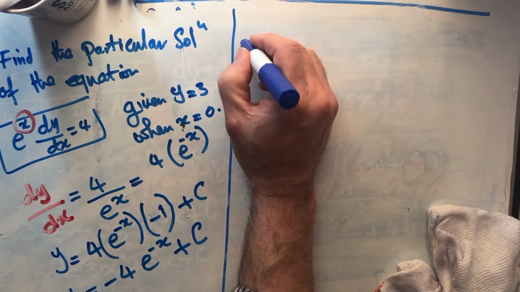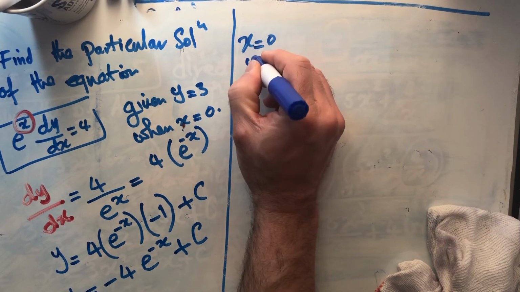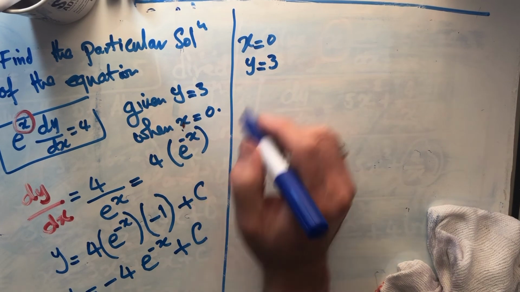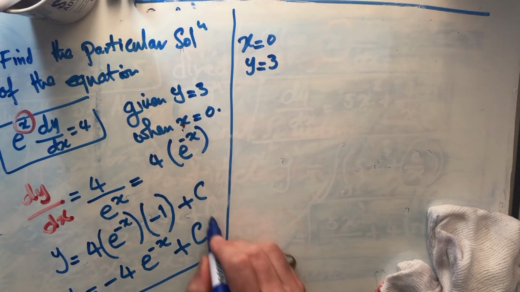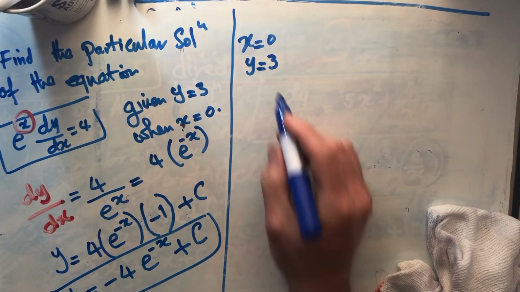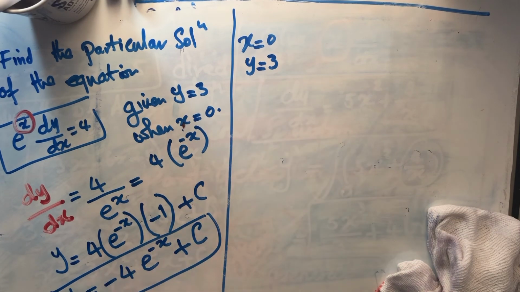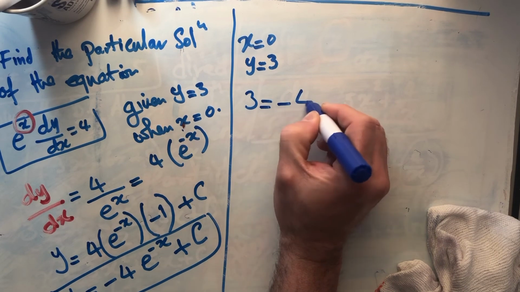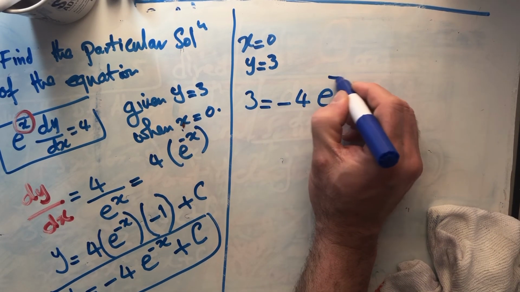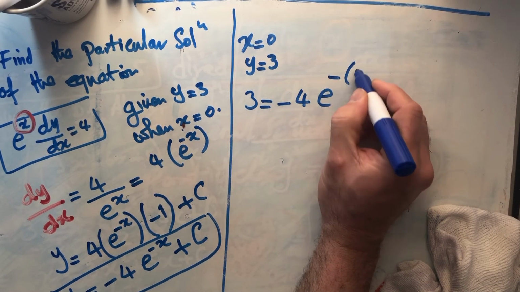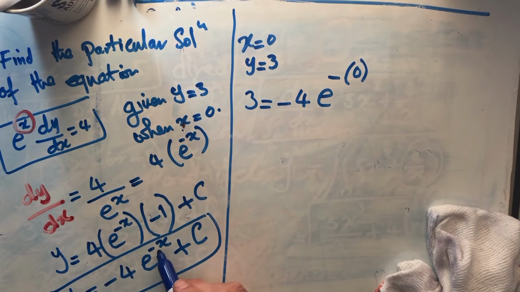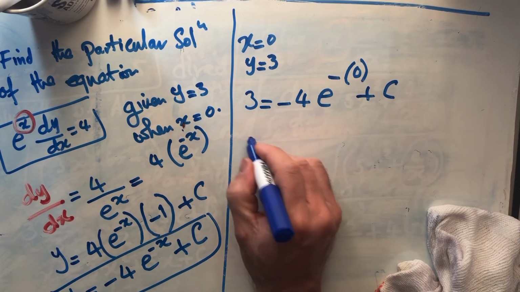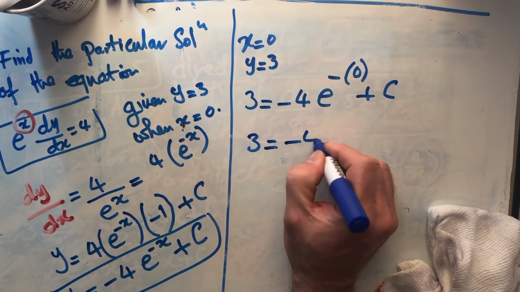Now we are given a condition, x equal to 0 and y is equal to 3. We substitute that in. You got this equation here. That is a general solution. So we're putting the value of y equal to 3, equal to minus 4e to the minus x, which is 0, e to the 0, plus c.